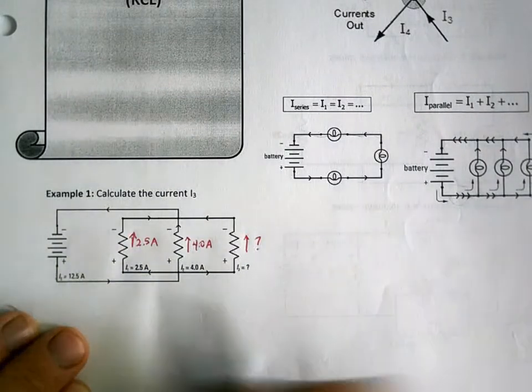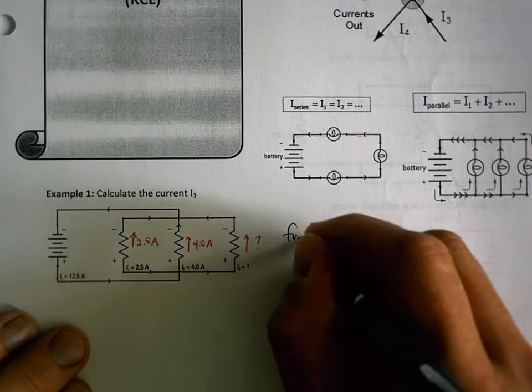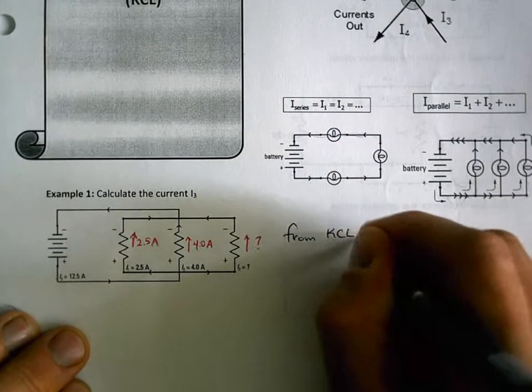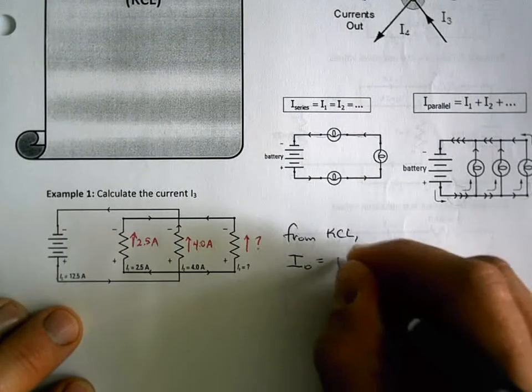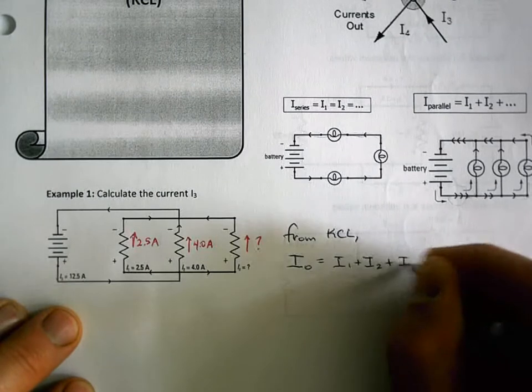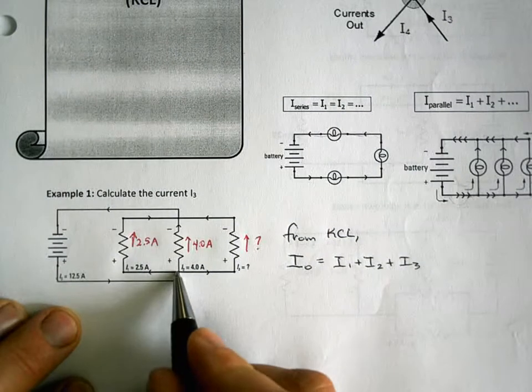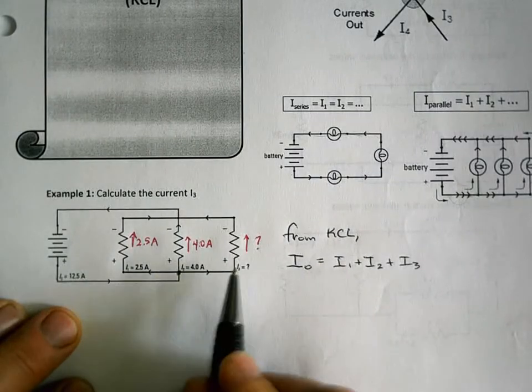Well, we know from KCL that I0 is equal to I1 plus I2 plus I3. All the current going into this node has to be the same as all the current coming out.